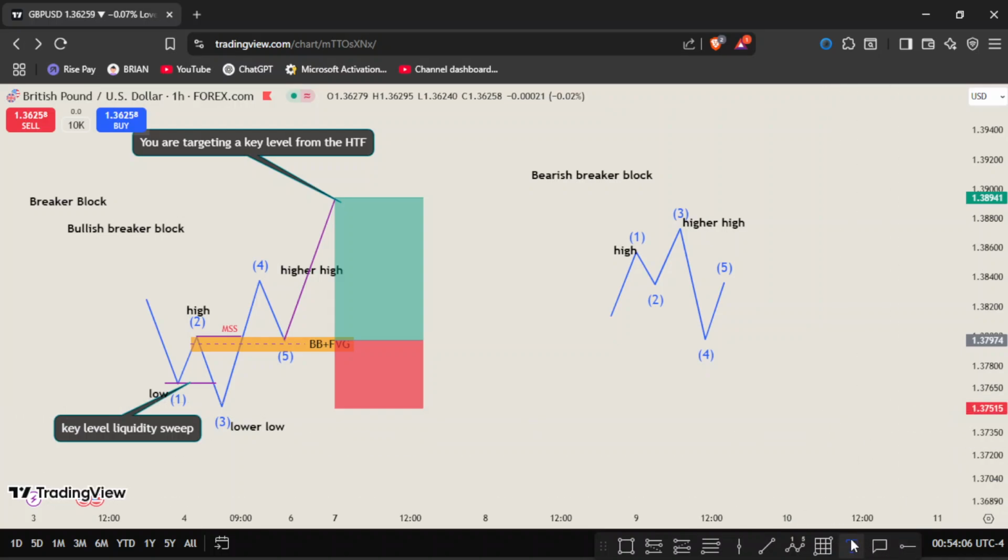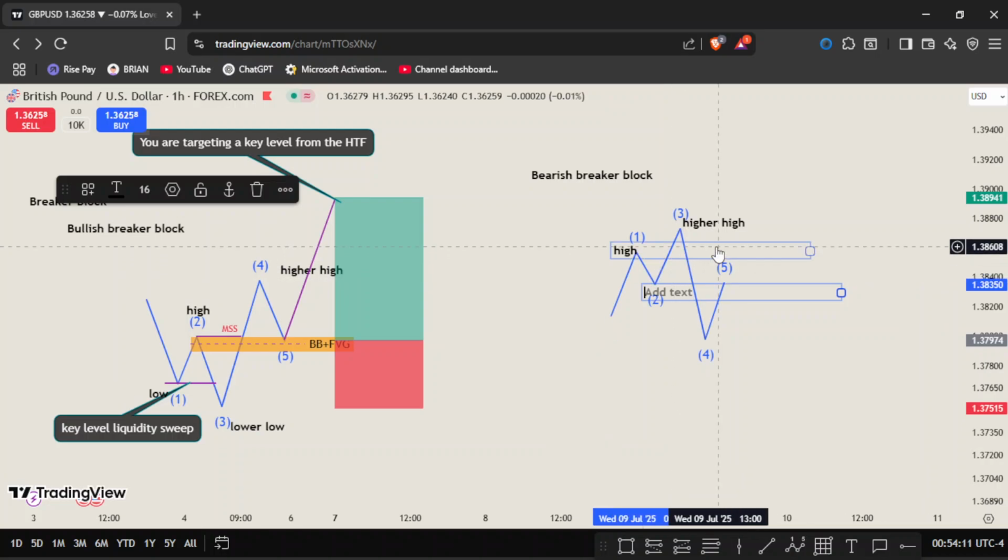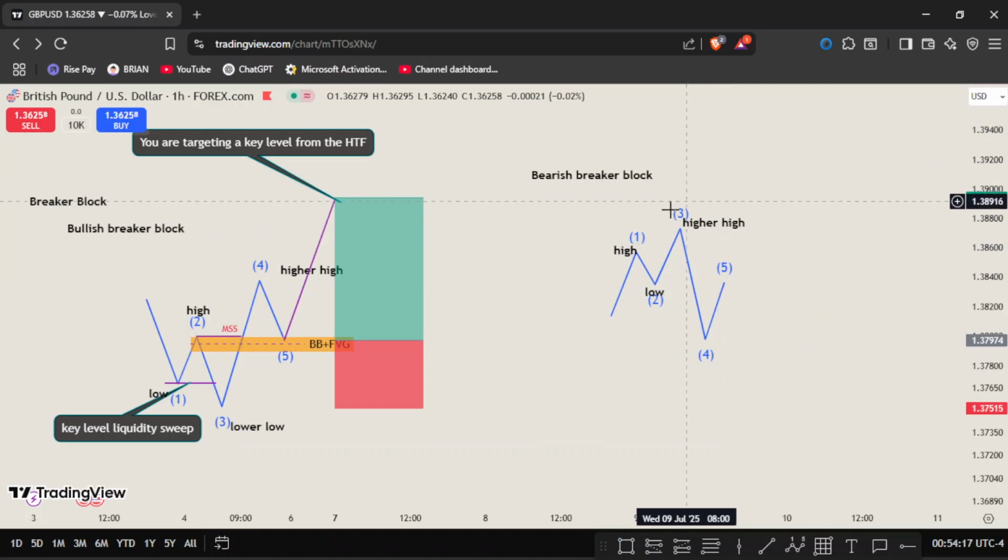And this was a low, high, low, high, low, high. And we've gotten a change in market structure shift.